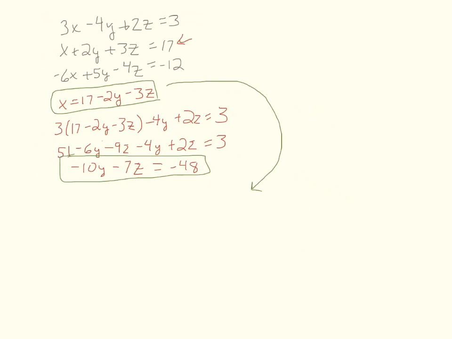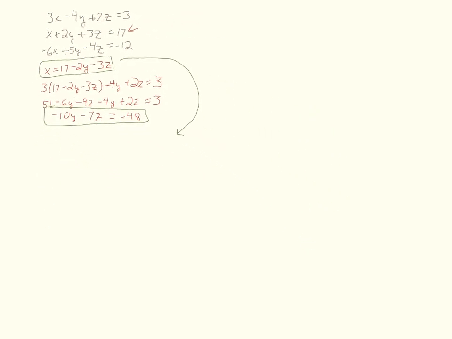Okay. So I'll shrink that really small for you. And so we know that negative 6 times 17 minus 2y minus 3z plus 5y minus 4z equals negative 12.